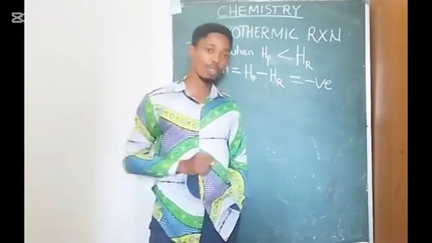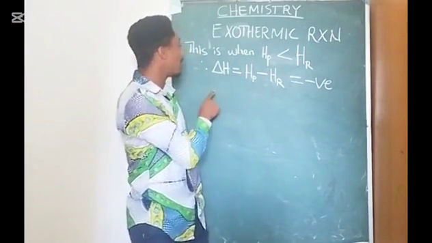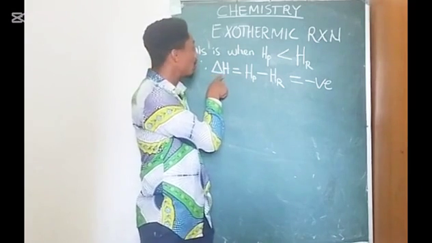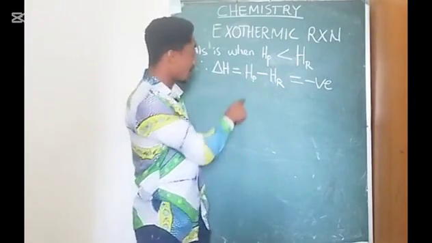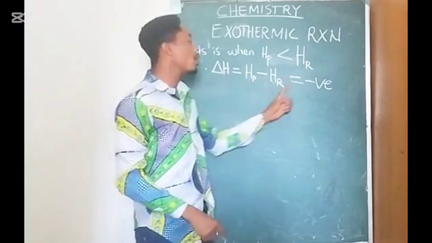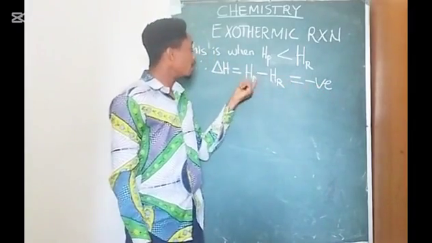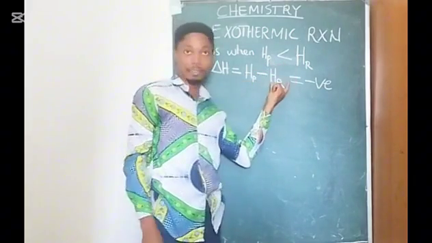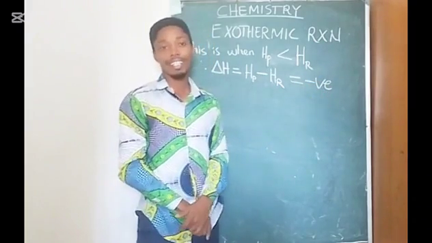Let me tell you the implication of this. The implication of this is that the heat of reaction or the enthalpy change, which the formula is given by heat content of product minus heat content of reactant, is going to be negative. Why? Because if this value is less than this value, the overall result is going to be negative.